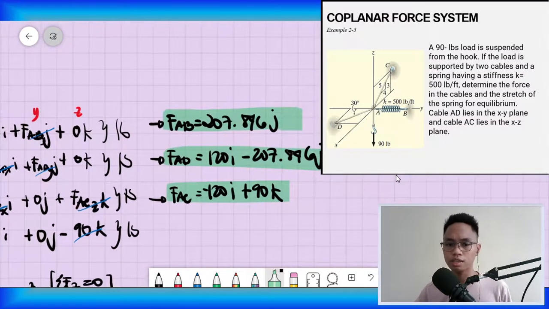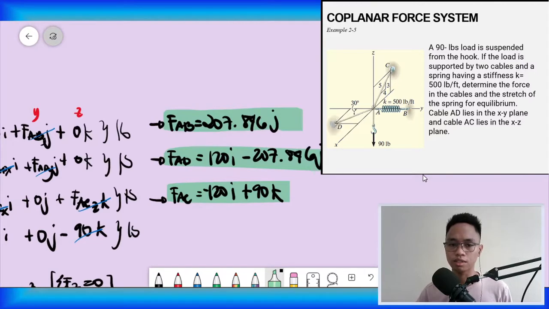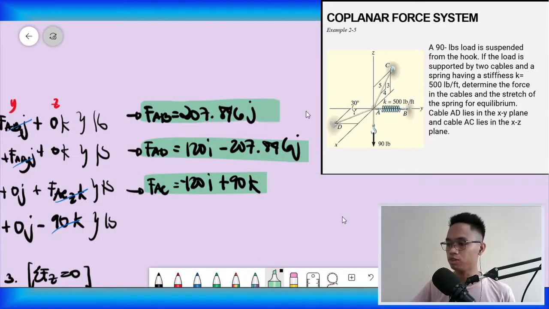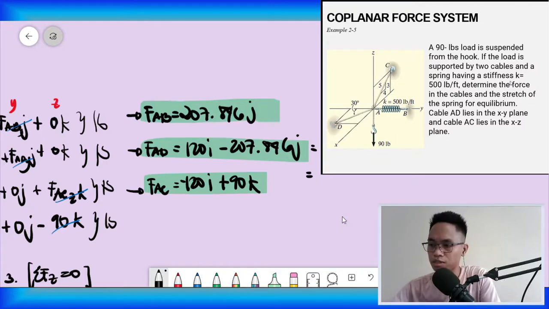The question is, determine the force in the cables and the stretch of the spring. So we have here the cables. We just need to solve for the magnitude. So the square root of 120 squared plus 207 squared, that is 240 pounds.